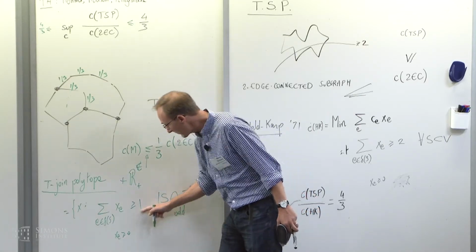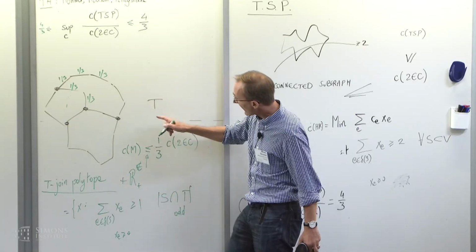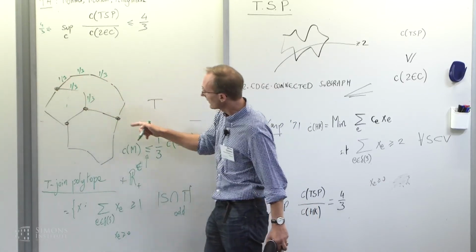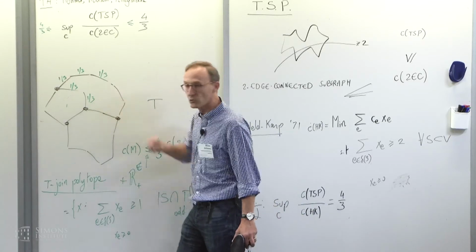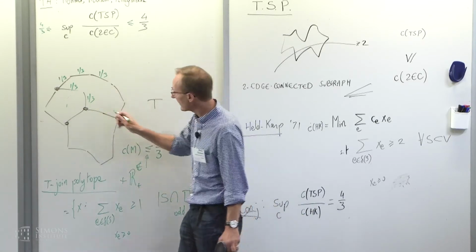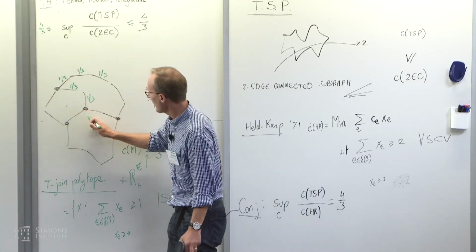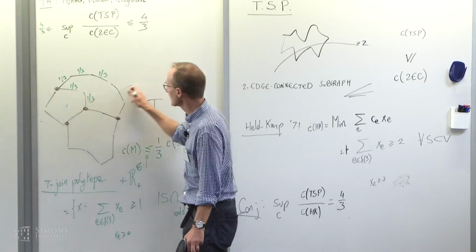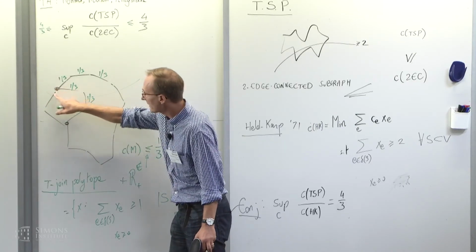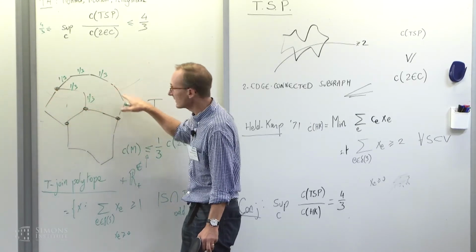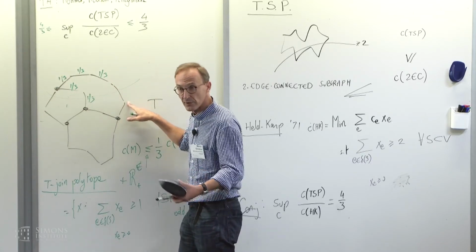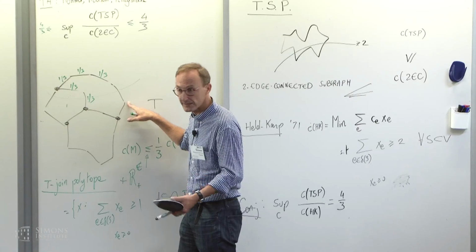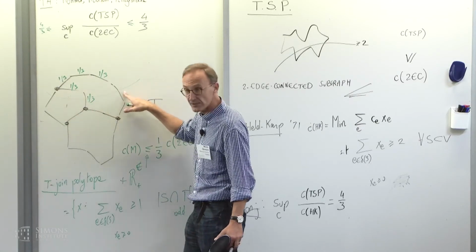And now we are done, because if I put a third on every edge, I cannot get an odd cut that has at most 2 edges in it. Since my graph is 2-edge connected, the number of edges in the cut is at least 2, but it's an odd number, so it has to have at least 3 edges.